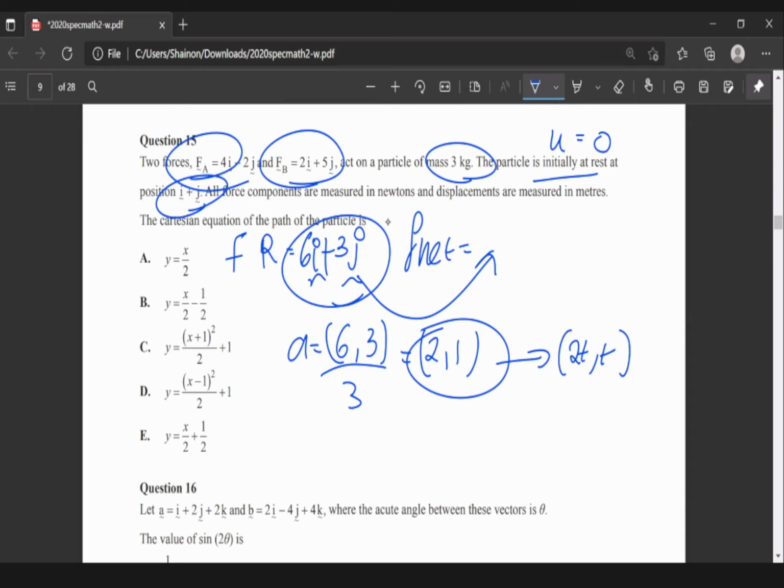So then, that's the velocity one, and we're trying to find the displacement one. So if we integrate that, and we know the original position is here, it's going to be t squared i plus t squared over 2 j.